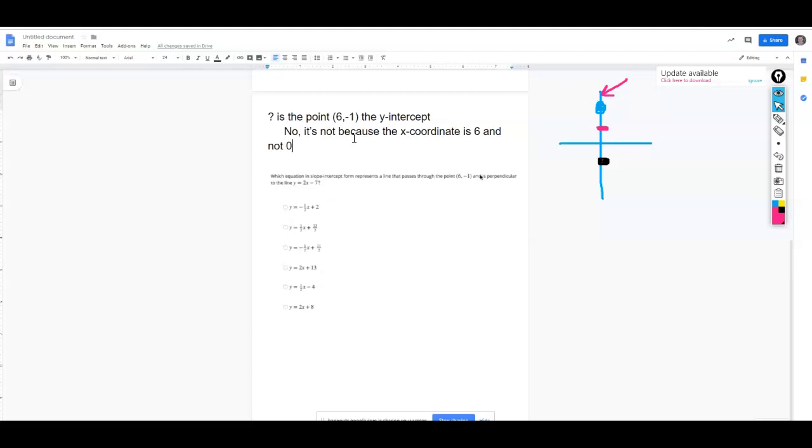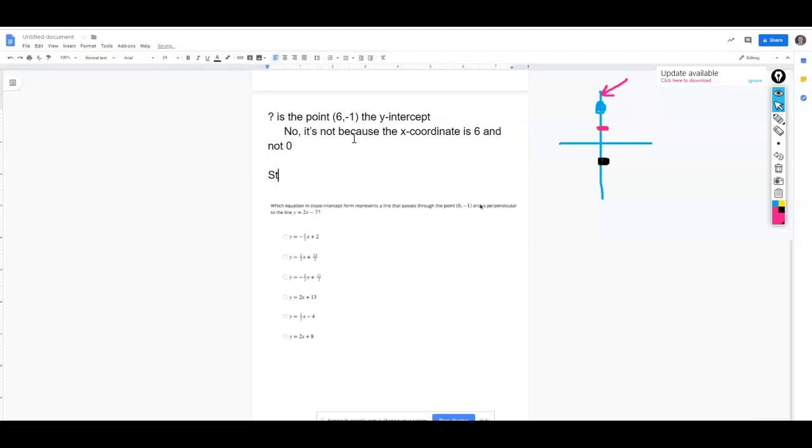Did that make sense? Okay, so now I guess the next step would be, how do you find the y-intercept?